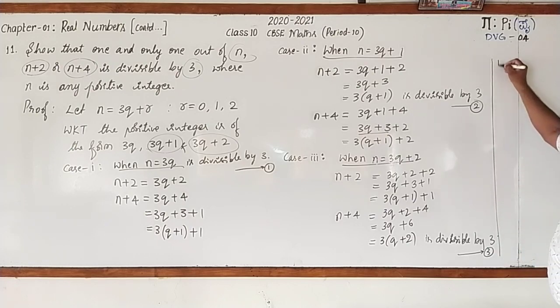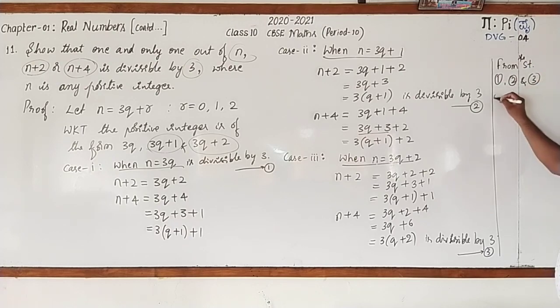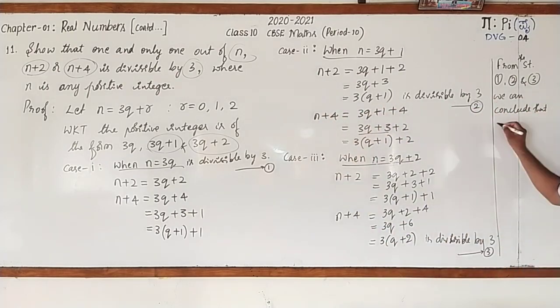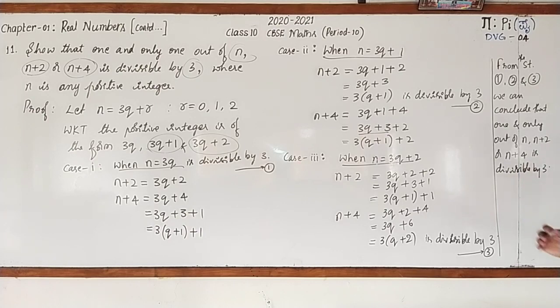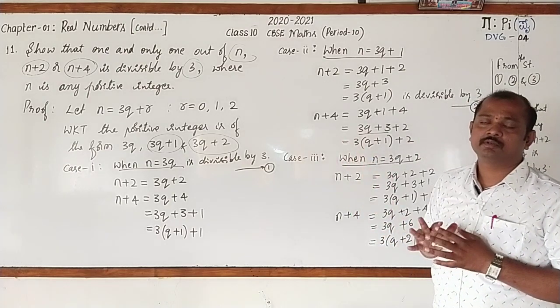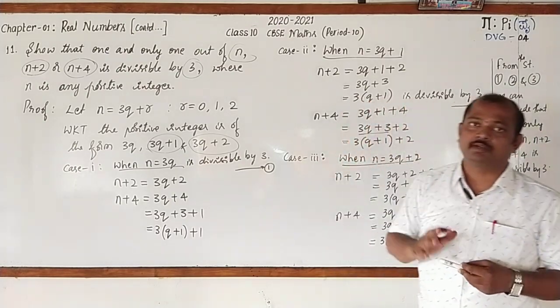From the statements 1, 2 and 3, we can conclude that one and only one out of n, n plus 2 or n plus 4 is divisible by 3. I hope that you have understood this statement. This is one of the important statements you must learn. Okay.